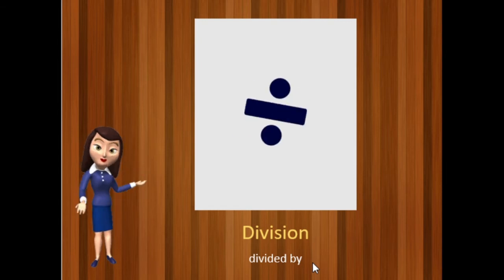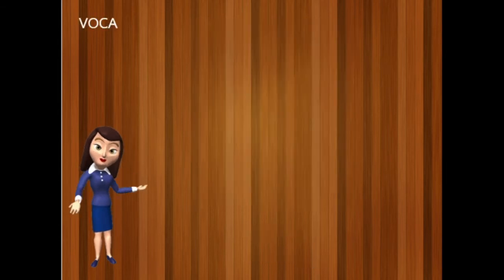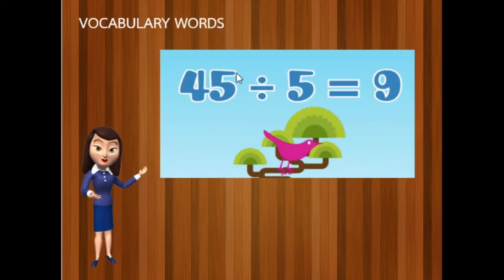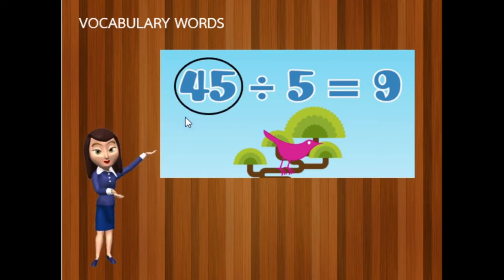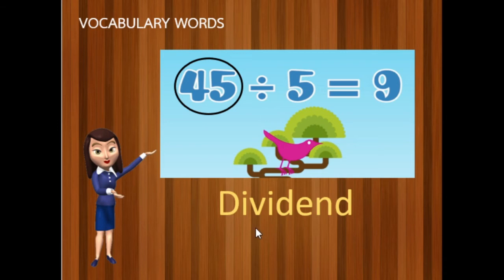Okay, what are the parts of a division equation? Supposing we have 45 divided by 5 equals 9. Number 45 here is the dividend. Dividend. One more time. Dividend.